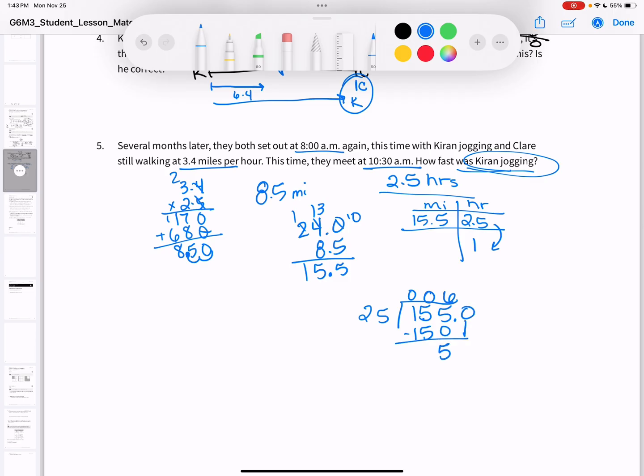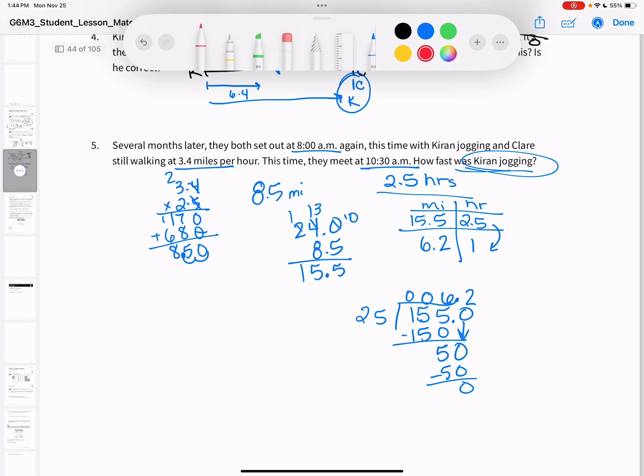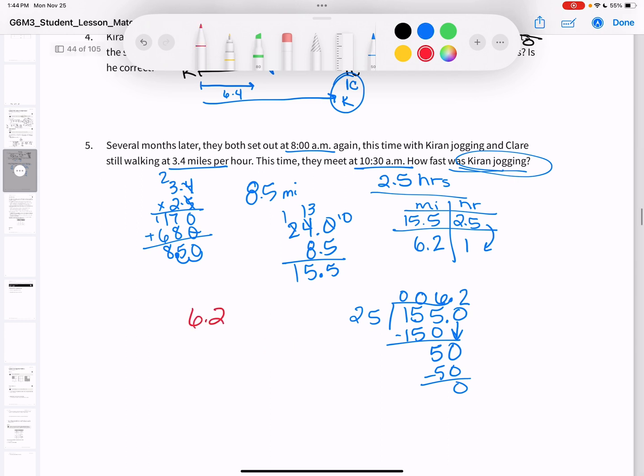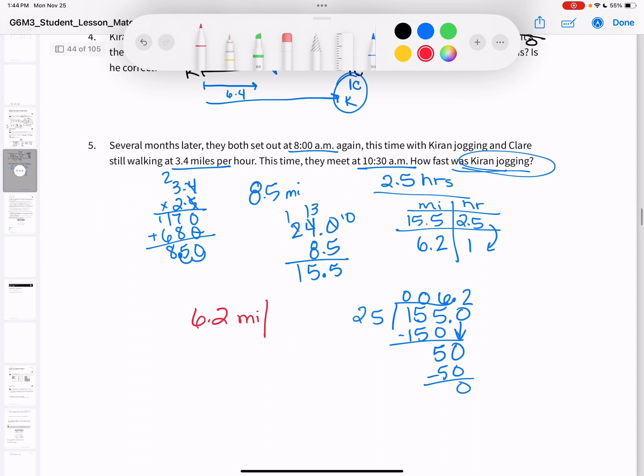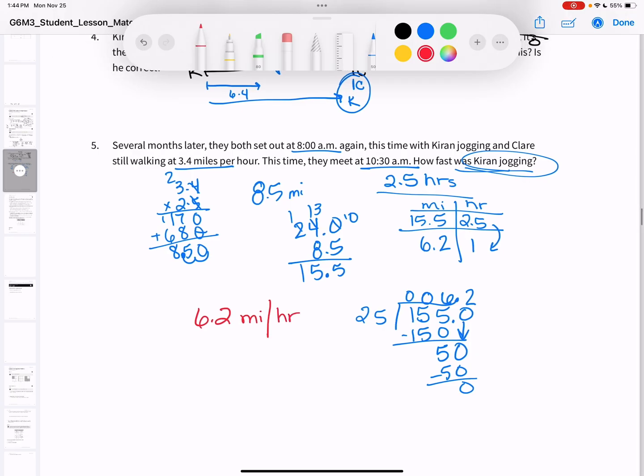We have to put a 0. 25 goes into 50 2 times, because 2 times 25 is 50. And we're done. So he is traveling 6.2 miles per hour. How fast is Kieran jogging? 6.2 miles per hour.